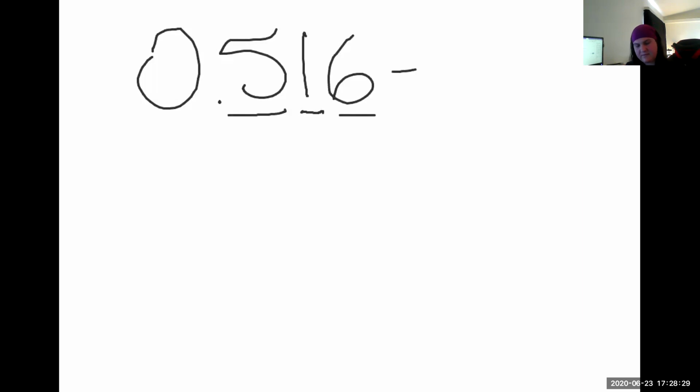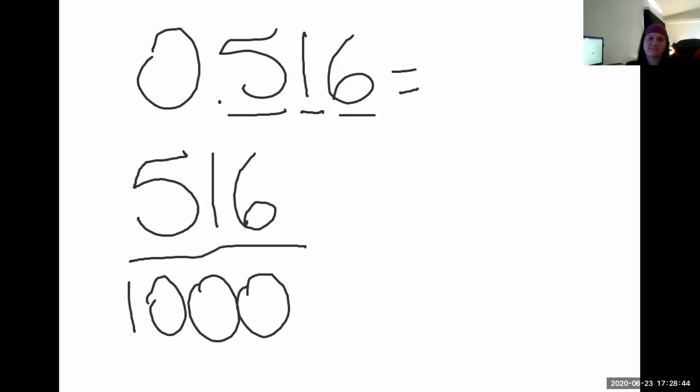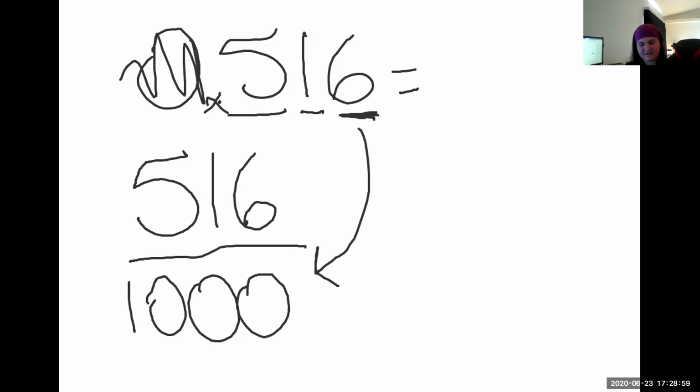To change 0.516 to a fraction, the answer is 516 over 1,000. Because the thousandths is as large as it goes, that needs to be the denominator. We can just remove the decimal and the 0. 516 over 1,000.